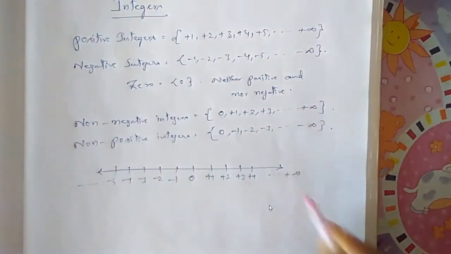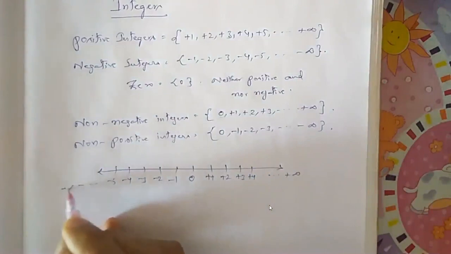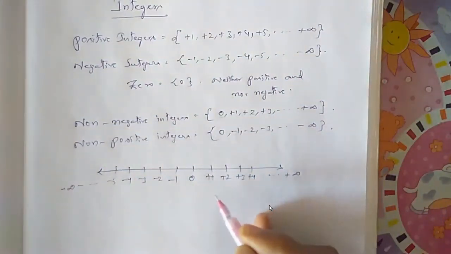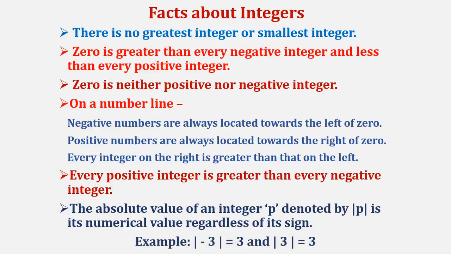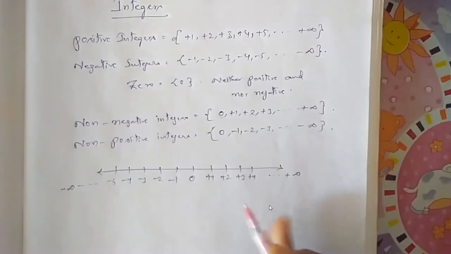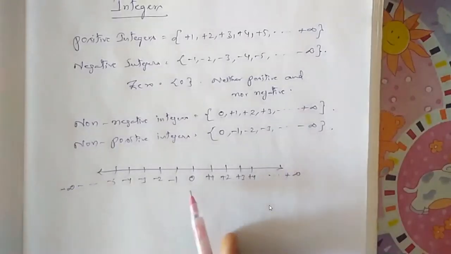Here it is up to plus infinity, this is minus infinity. So what is the first fact here? There is no greatest integer or smallest integer. Can you observe here? Can you tell me any greatest integer here?